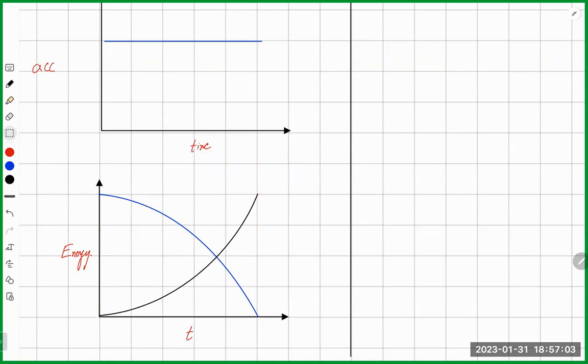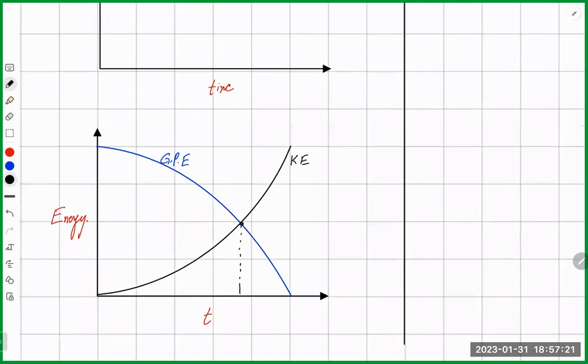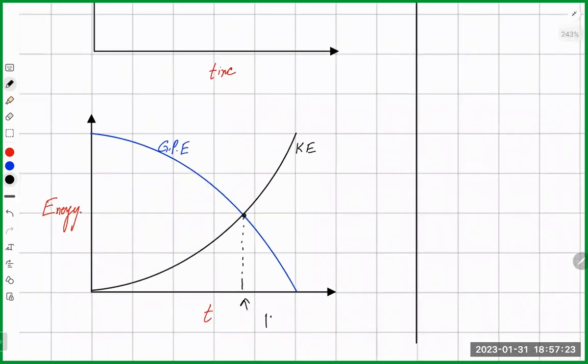So this is gravitational potential energy, and this one is kinetic energy. And this is the point where kinetic energy is equal to gravitational potential energy.